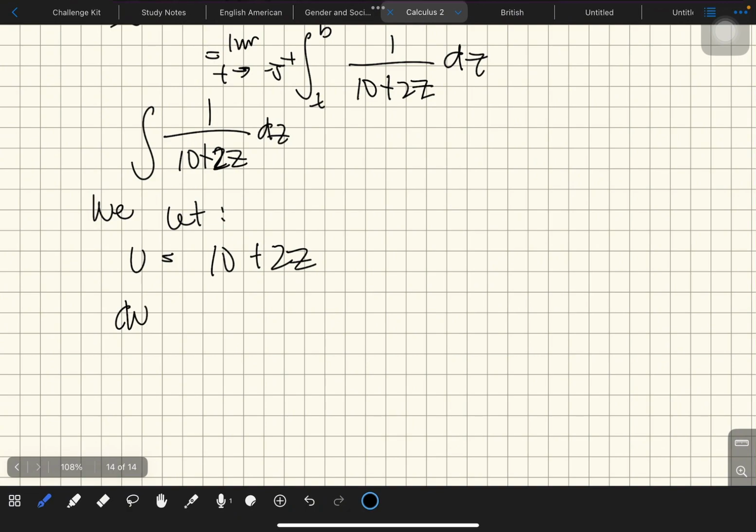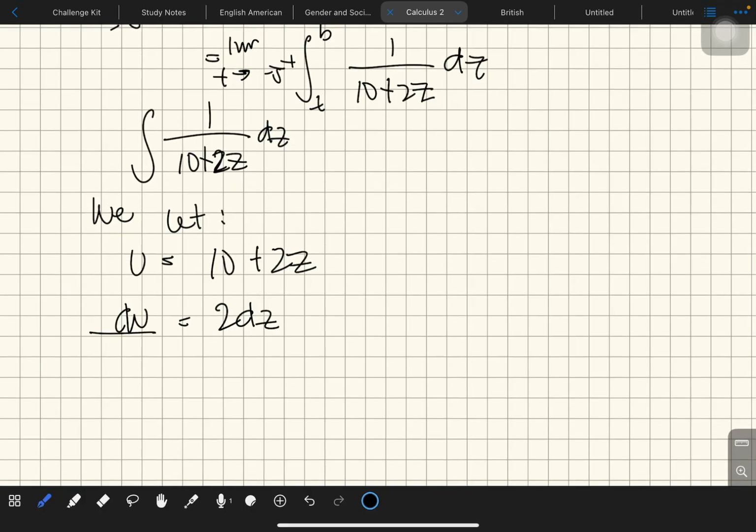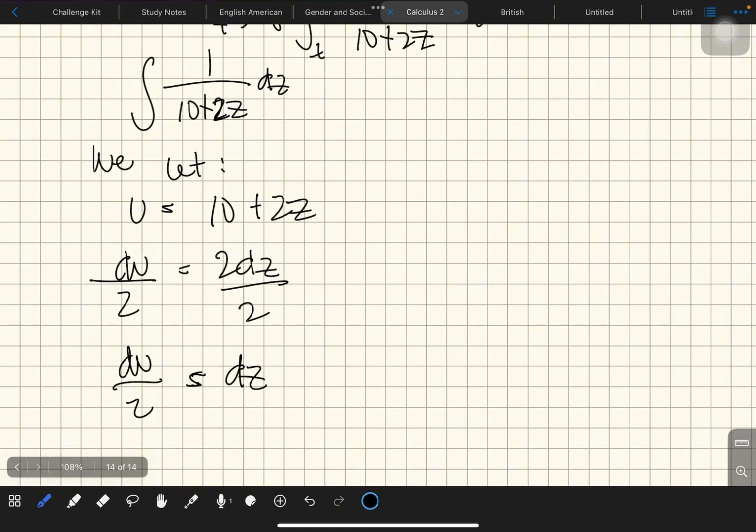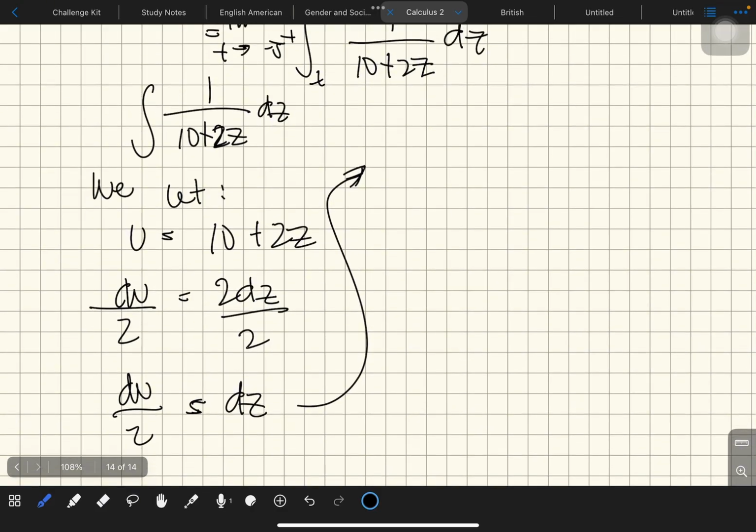So our du is equal to 2 dz, so du over 2 is equal to dz. Now we have the integral of 1 over u times du over 2.